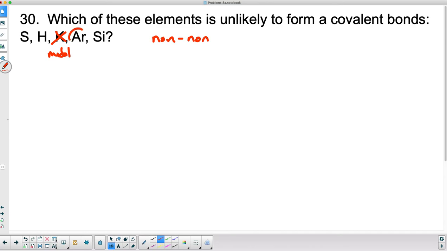The other one, of course, would be argon. Why argon? Well, argon is a noble gas, which means it doesn't want to actually bond with anything. So that one, for noble gases, it doesn't matter if you call it a covalent bond, it won't form any bond. So both potassium and argon would be unlikely to form covalent bonds.